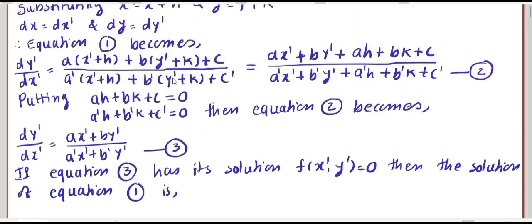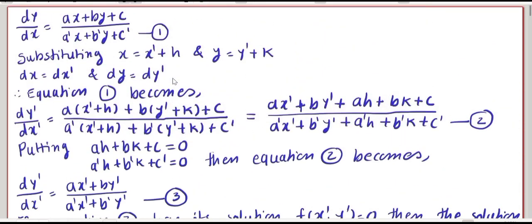Equation 1 is dy by dx is equal to (ax plus by plus c) divided by (a dash x plus b dash y plus c dash). Here x is equal to x dash plus h and y is equal to y dash plus k. So now we substitute back the values of x dash and y dash, that is back substitution.